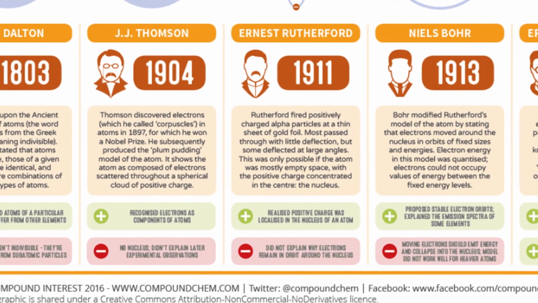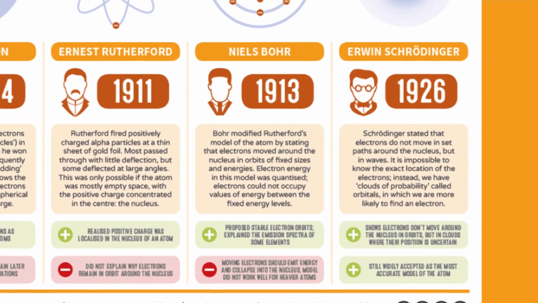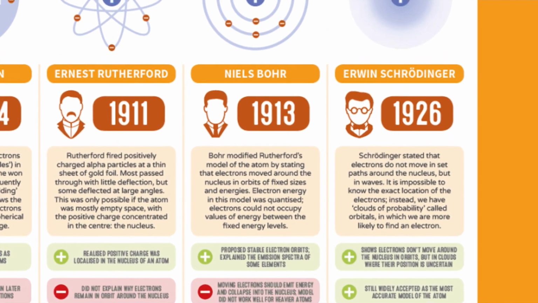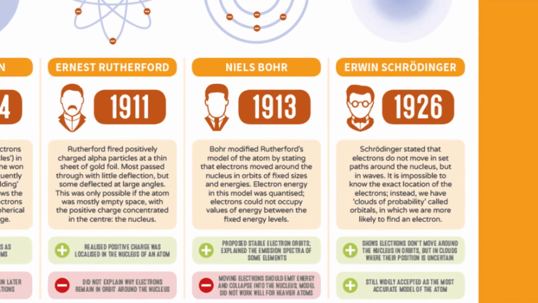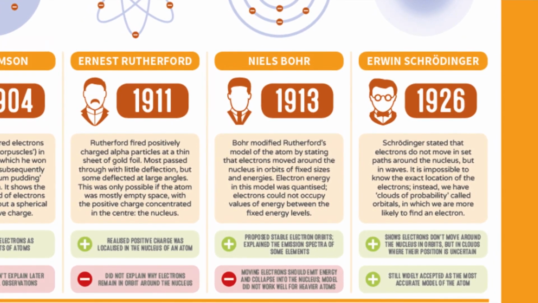Rutherford comes along and says, hey, we got a positive center in the nucleus. Electrons exist, but he didn't explain why those electrons actually go around the nucleus. Fast forward, Niels Bohr started talking about how these electrons are organized by energy levels, but he's missing these energy shifts, and we're going to spend time on that tomorrow.